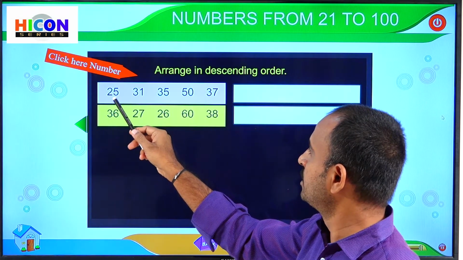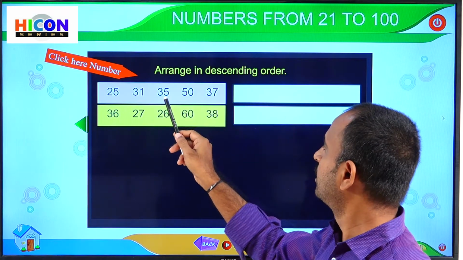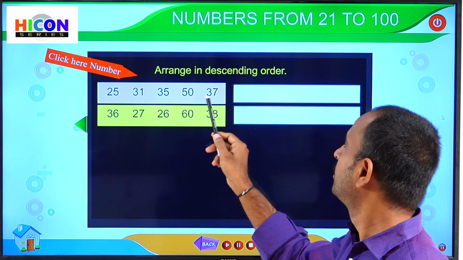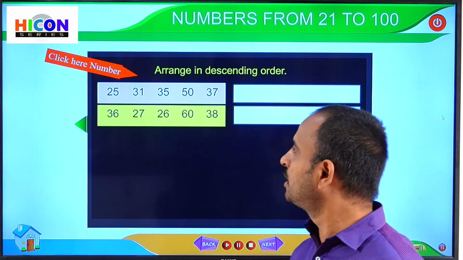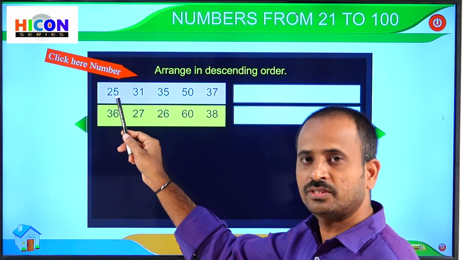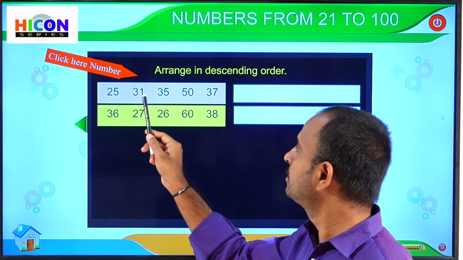The first number is 25, second number is 31, third number is 35, fourth number is 50, fifth number is 37. Now compare the first digit in each number. In 25, what is the first digit? 2. In 31? 3.